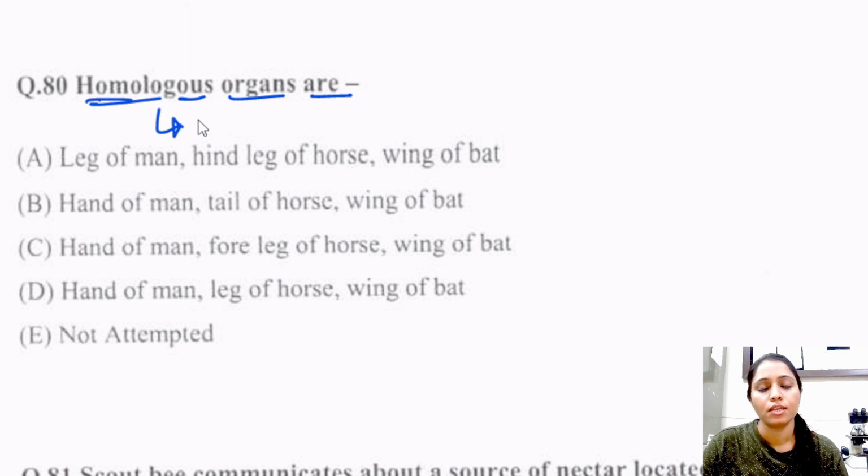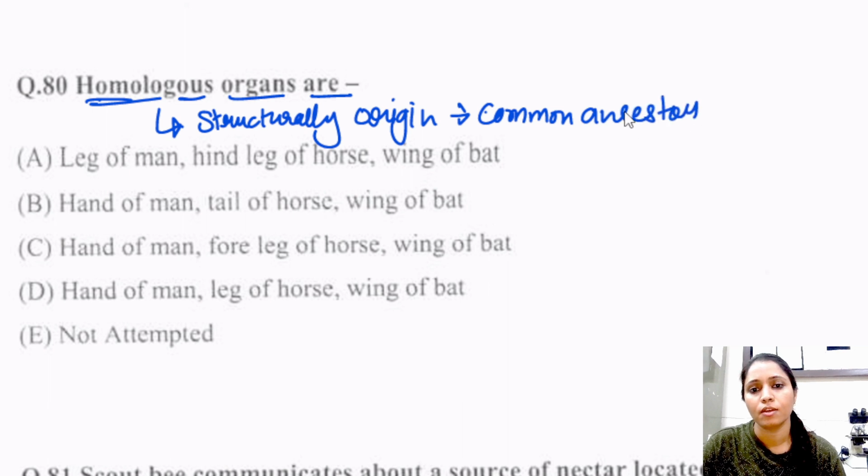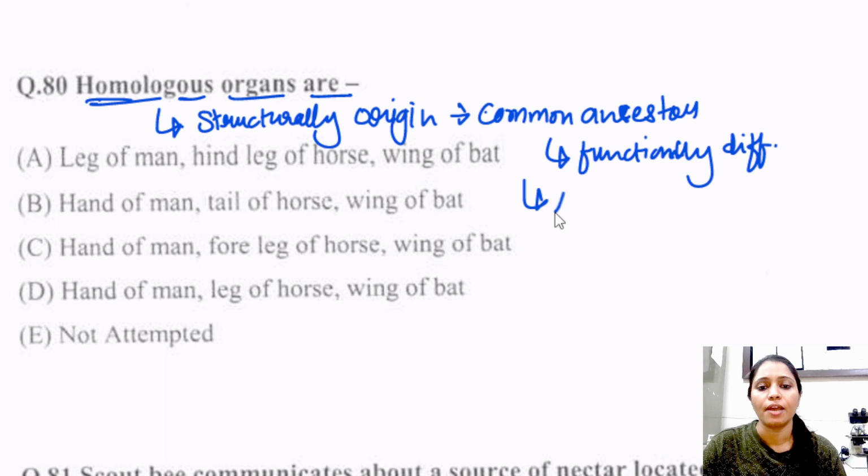These are organs which are structurally similar and whose origin is from a common ancestor, but these are functionally different. These indicate divergent evolution.